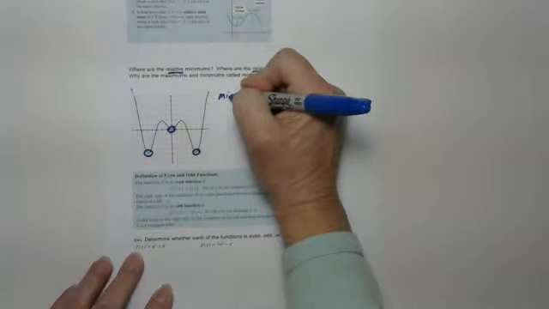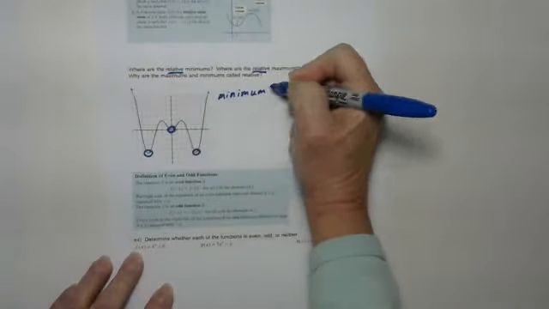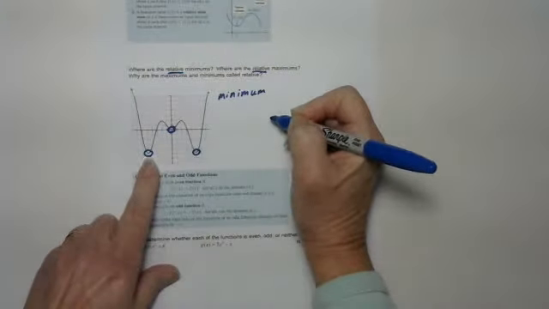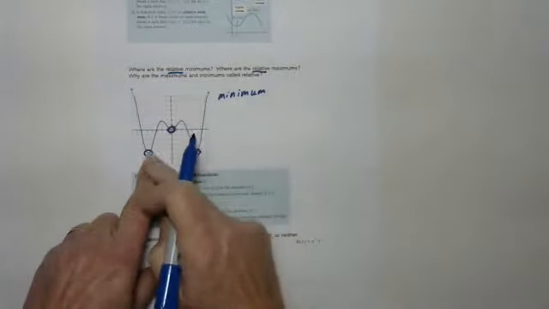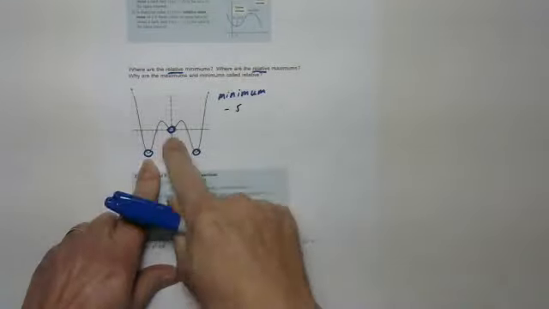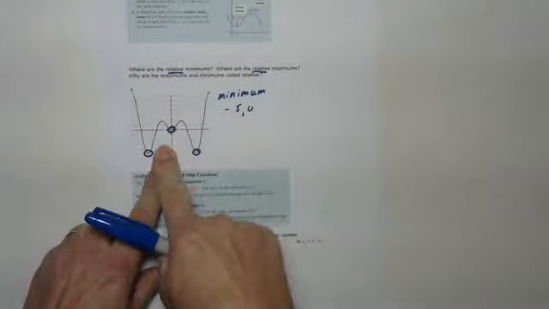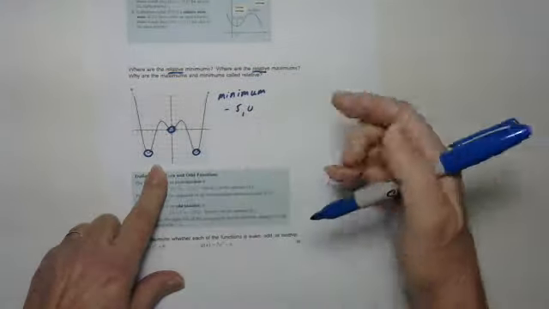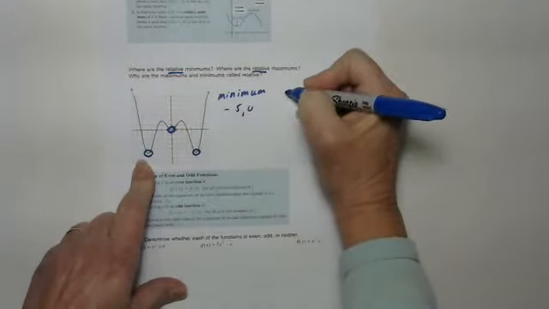Identifying these points here, we can see that we have minimum values where we have a y value of -5. So both of these have y values of -5, and here we have a y value of 0. So these are the minimum values. Let's represent these as pairs.